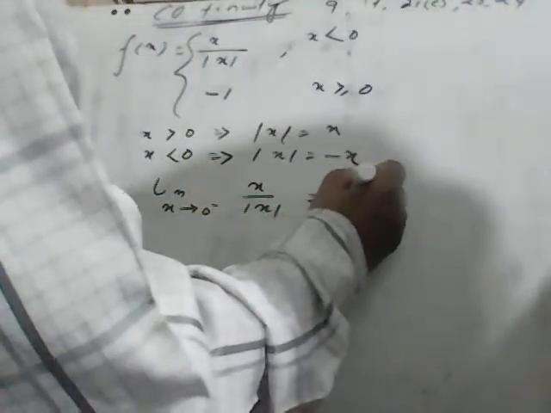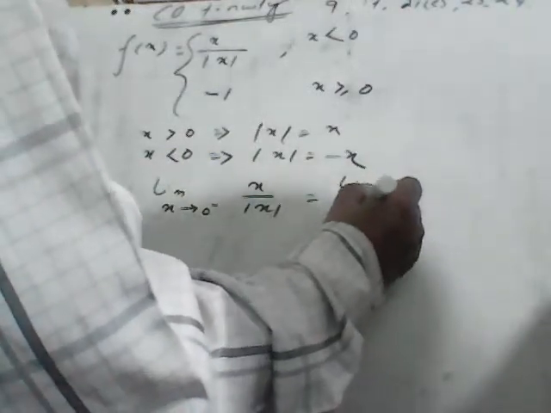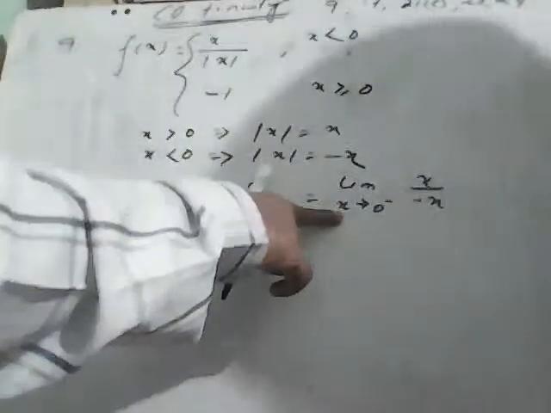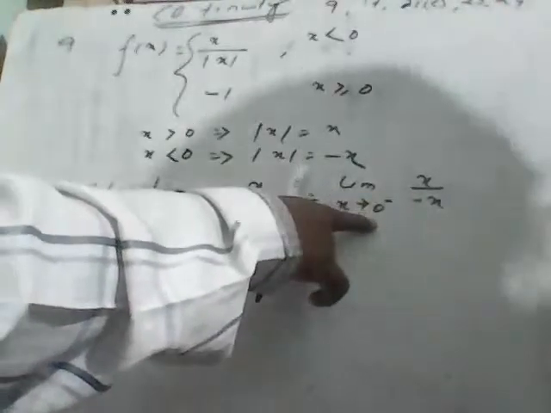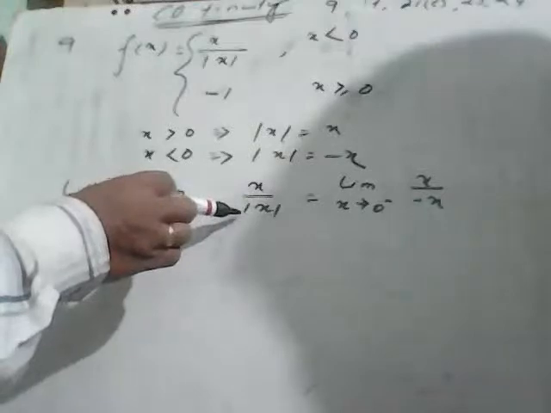Now the result is limit x approaches 0 minus x by minus x, since modulus of x is minus x. X cancels, it is coming minus 1. Hence the result is minus 1.